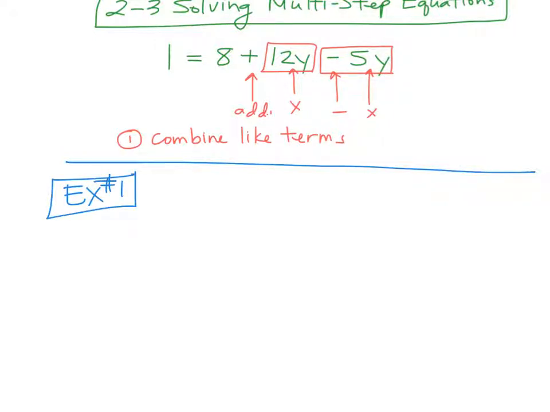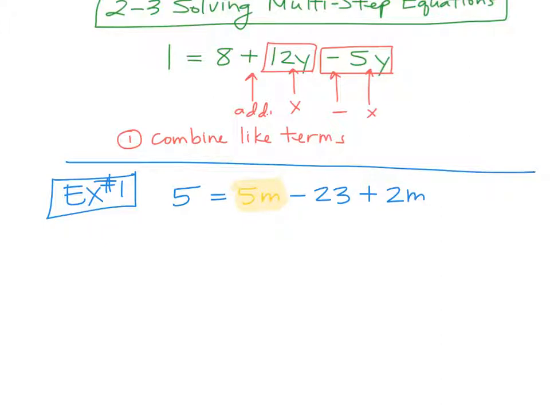Let's say we have 5 equals 5m minus 23 plus 2m. Okay? First thing we're going to do is what? Combine the like terms. Okay, now here's the issue that I often see. You have 5m, right?